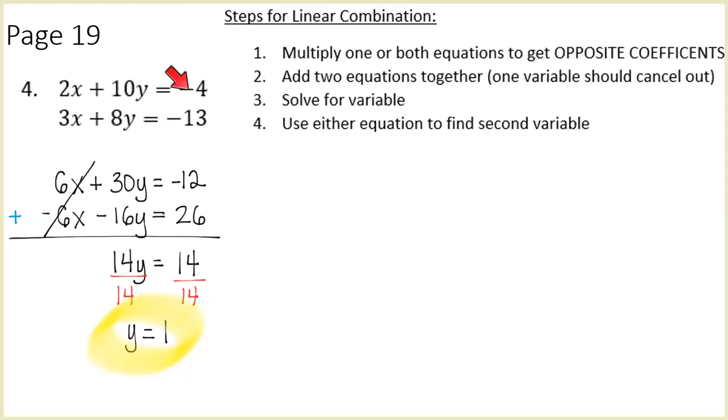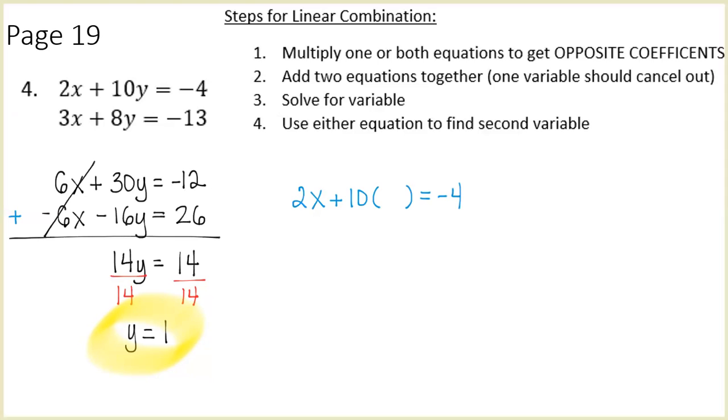We can use the top equation or the bottom equation, whichever one you prefer. I don't think one appears to be easier than the other, so I am going to stick with the first one. So 2x plus 10 times y, equals negative 4.